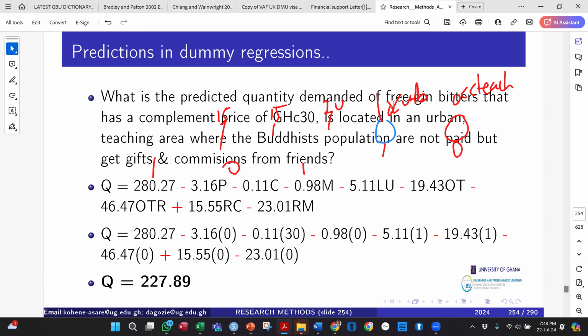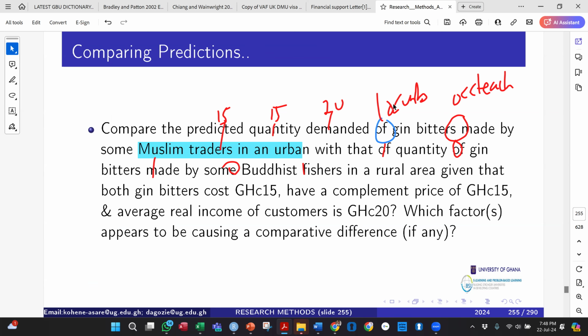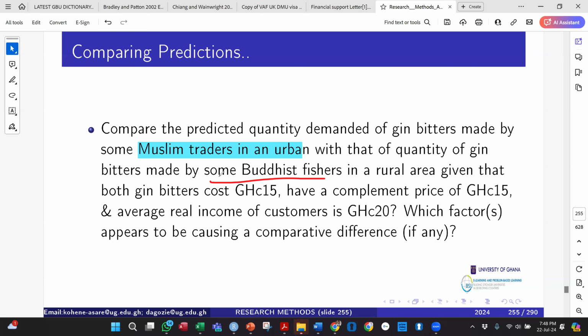Now, remember the second scenario. We were told that the people are Buddhist fishers in a rural area.